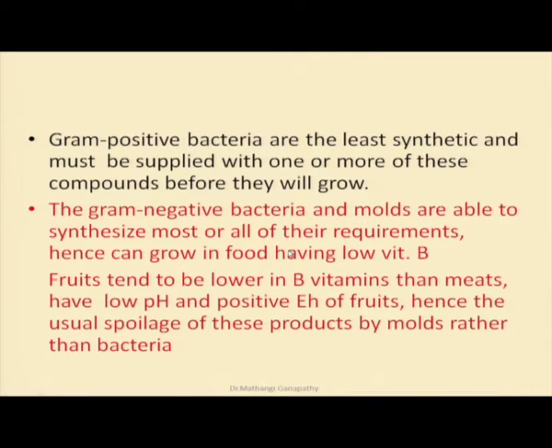Here, what you have to understand is that many organisms, if the raw materials for the requirement are present in the food component, most of the organisms, for example, the gram-negative bacteria and the mold, would be able to synthesize what they require from the nutrient which is present. Whereas, in the case of many gram-positive organisms, they are not able to synthesize most.